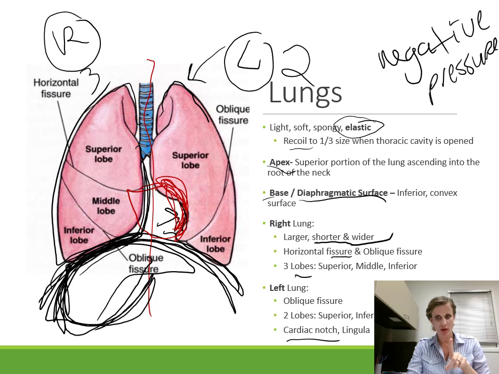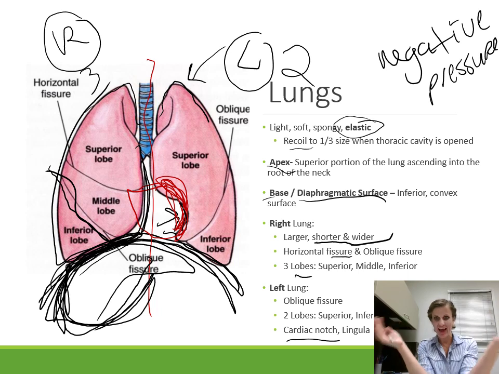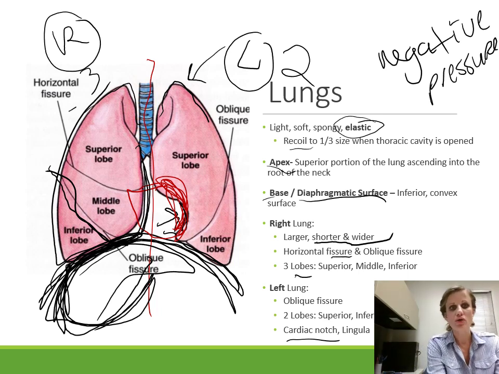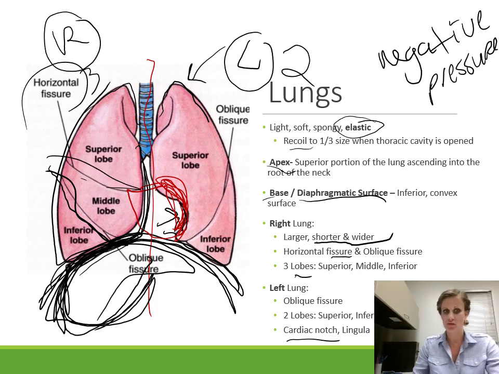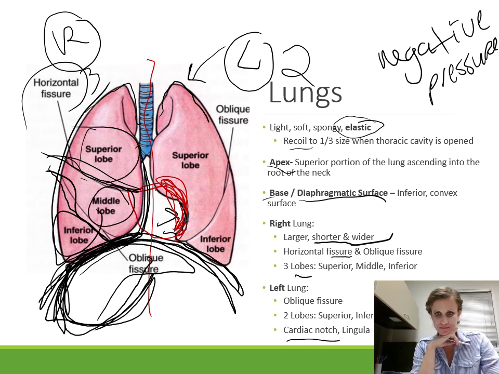The left lung has 1. So the right lung has this oblique fissure, right? It's at an oblique or kind of diagonal angle, and it also has a horizontal fissure. So the two fissures divide the lung up into its three lobes. It's superior lobe, middle lobe, and inferior lobe.